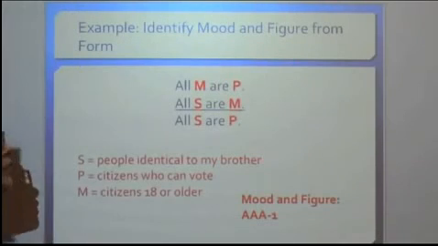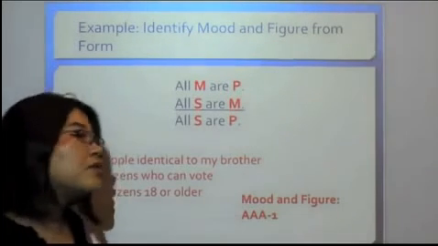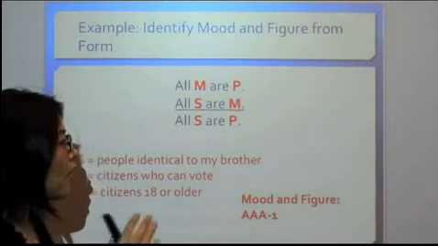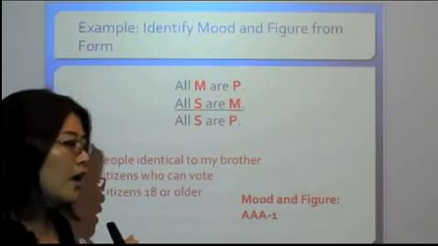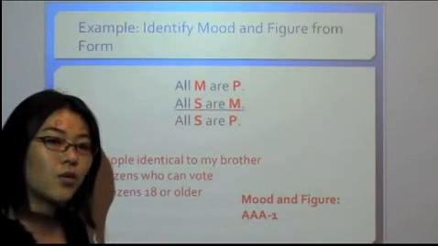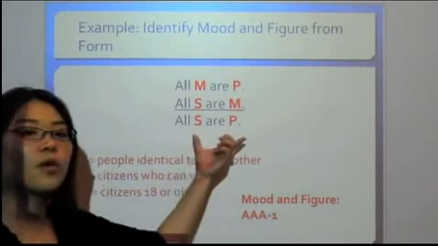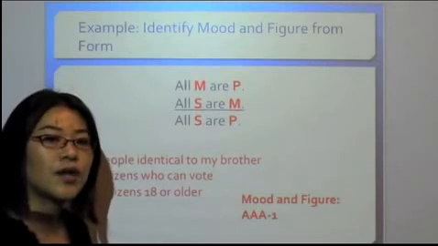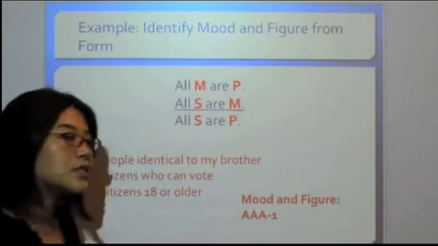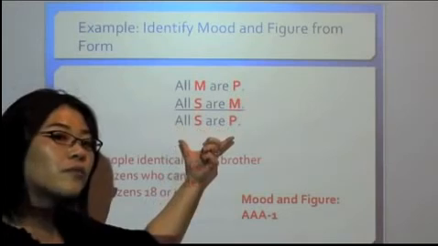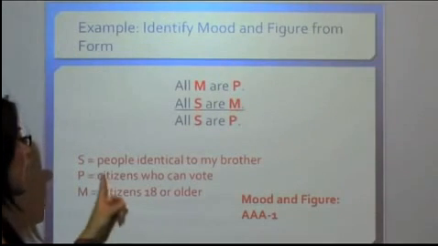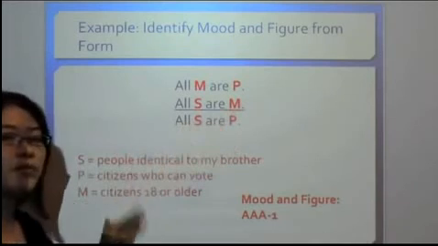Okay, so let's go ahead and identify the mood and the figure of this categorical syllogism. Now, we've already gone from the categorical syllogism in ordinary language to the form of the categorical syllogism through translation and then making sure that it's a standard form categorical syllogism. And here we have the form, okay? And we have the dictionary over here, which tells us what each of these variables stands for.